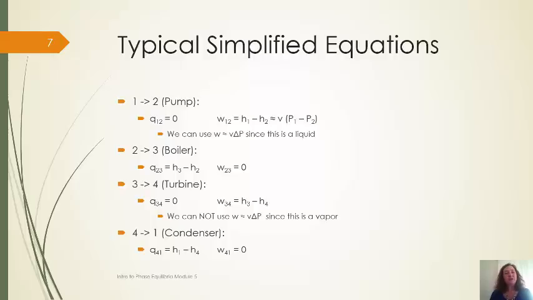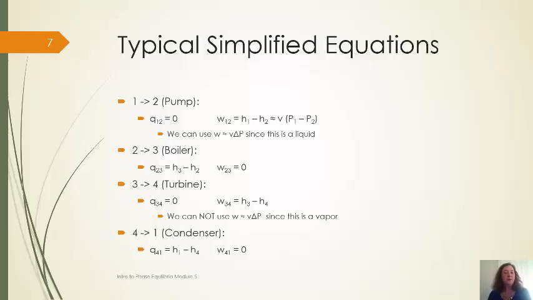And when we reviewed the first and second law for various devices, for pumps, we saw that V delta P was a good approximation if there's very little change in kinetic and potential energy. So V delta P is a way of approximating the work. That actually can allow me to calculate the exit enthalpy from the pump. Now this only works for liquids going through a steady state process.